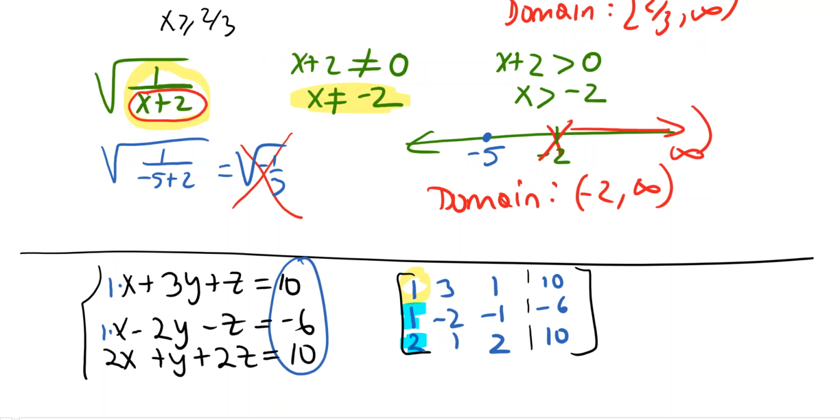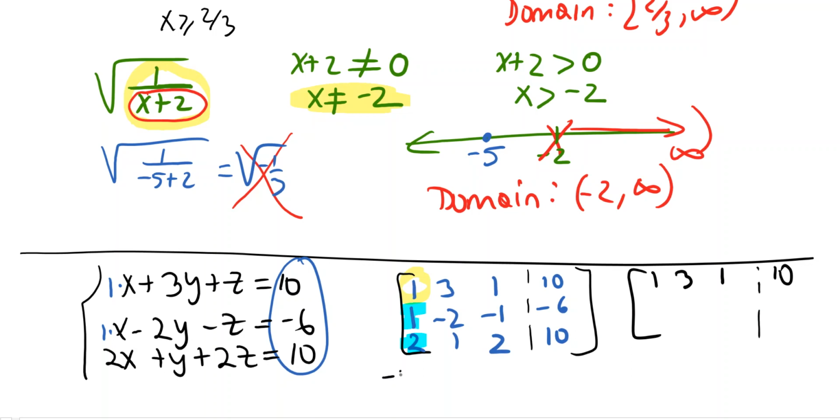So we're going to keep the first row, 1, 3, 1, and then 10. And then I want to make this one a 0. So I can take row 1 and subtract row 2.